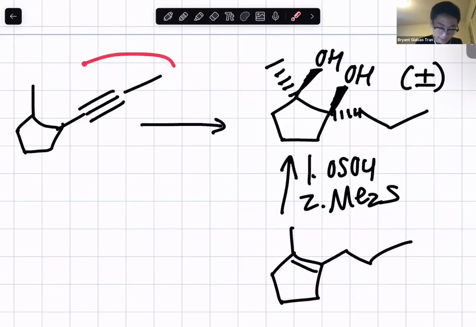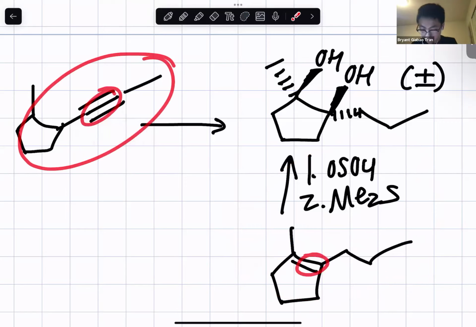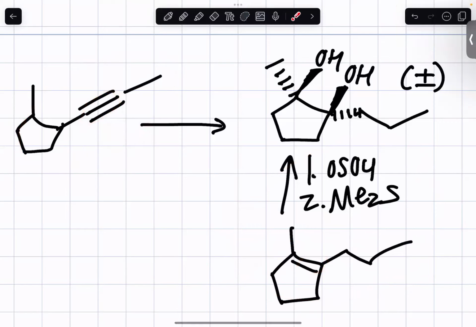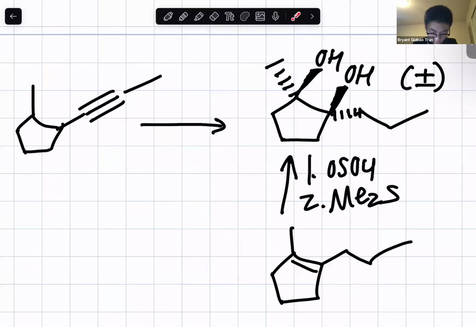Now we have to figure out how to move this alkyne at this position to the alkene here. Well, first, let's try making this into an alkene first.